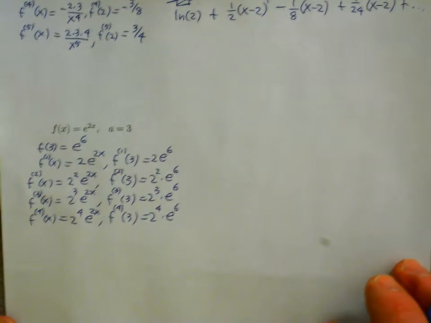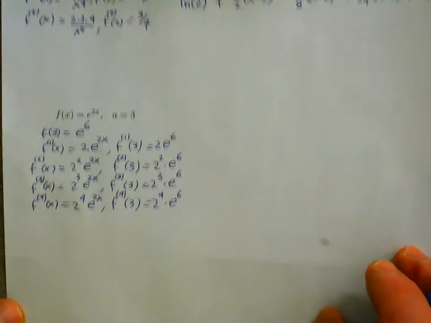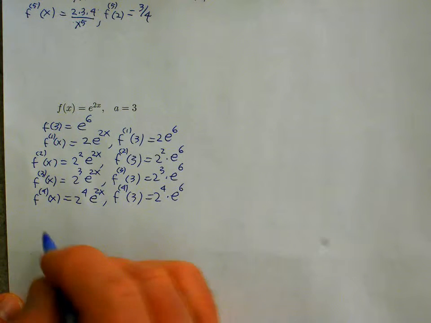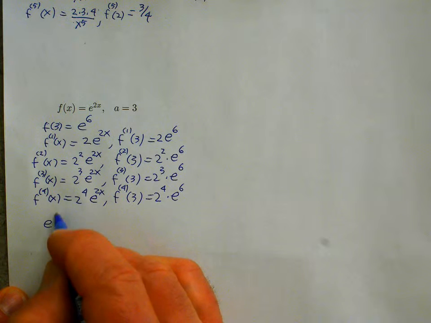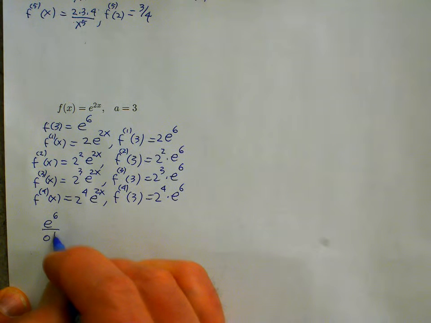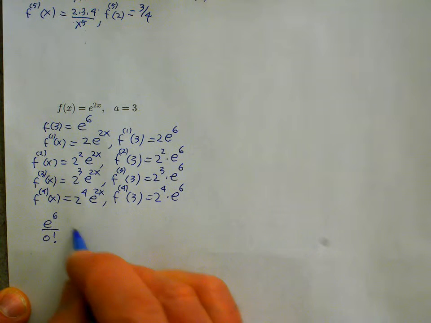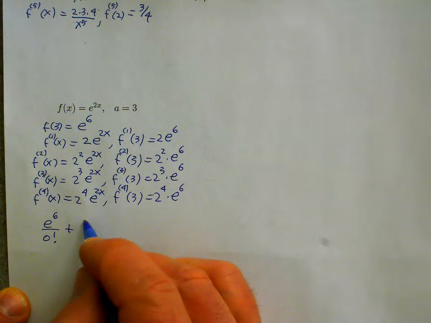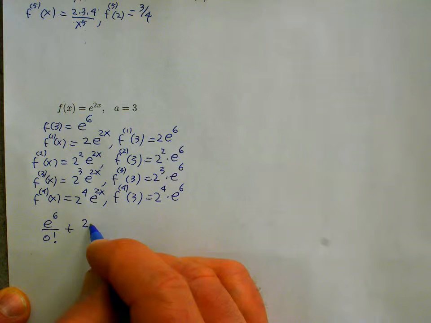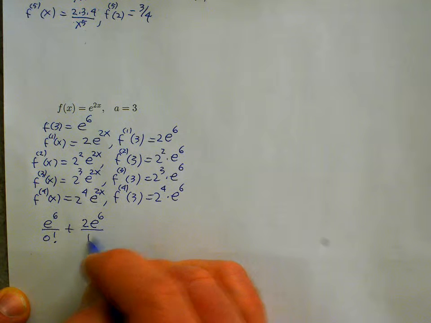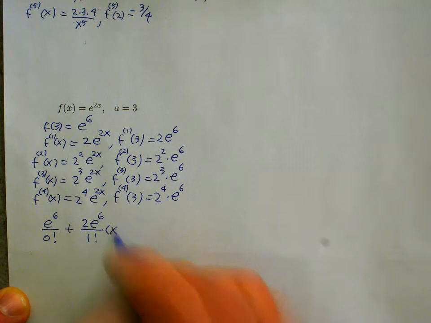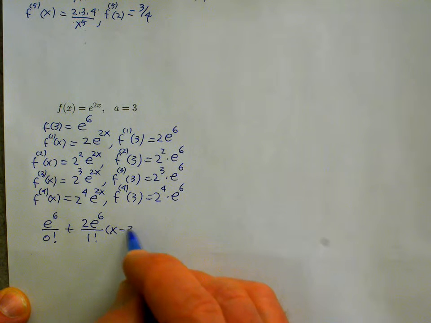Okay, so the Taylor series expansion, f of 3 divided by 0 factorial. So e to the 6th divided by 0 factorial plus 2 times e to the 6th over 1 factorial times the quantity x minus 3 to the first.